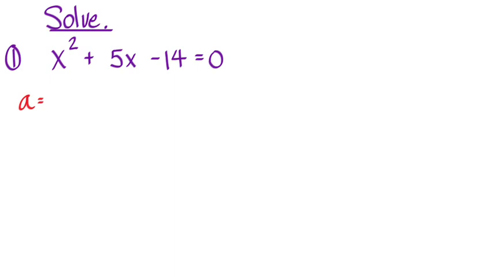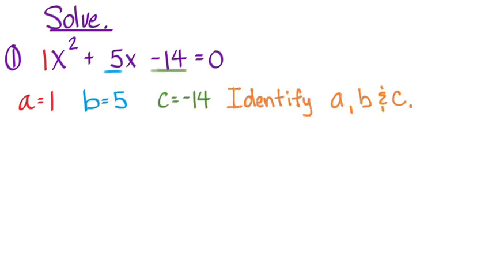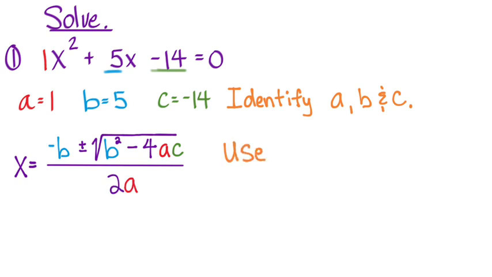So my a value is 1, my b value is 5, and my c value is negative 14. The first thing I want to do is identify my a, b, and c values. Then I can put them into the quadratic formula to solve.